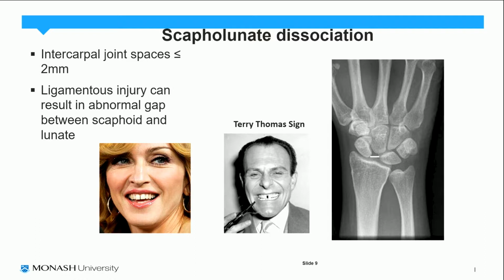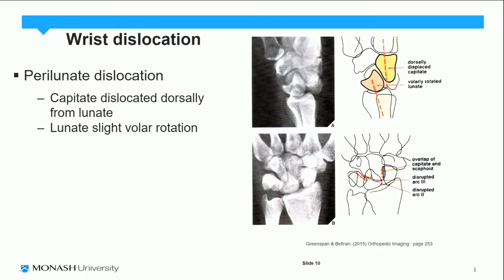I'm not sure if any of you know the chap in the middle, and he was a comedian of the UK, and he had this lovely gap in his teeth, and that's where this was coined. However, some of the later textbooks might call this the Madonna sign. She doesn't have such a big gap, but in any case, some of the books think that this should now be called the Madonna sign.